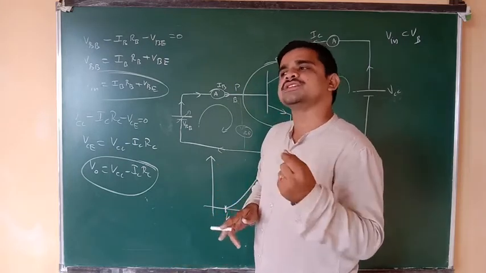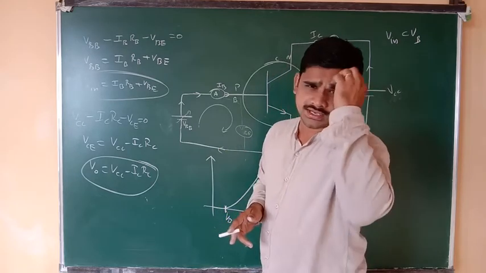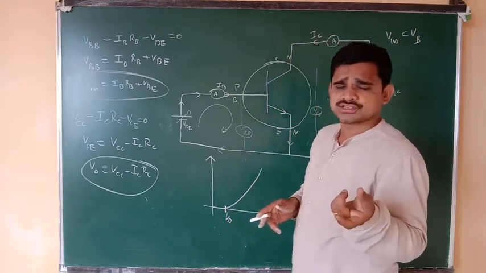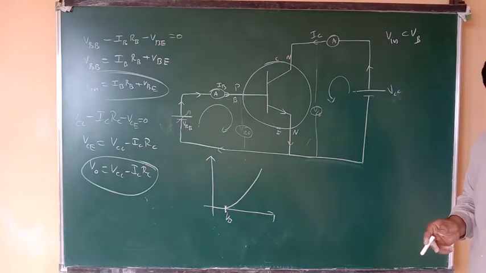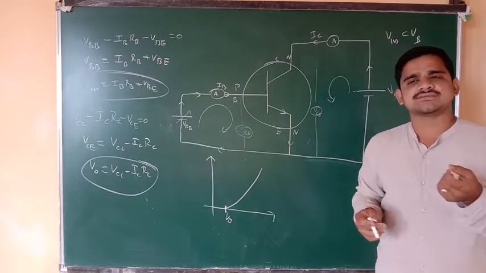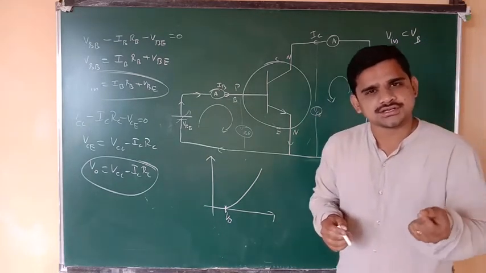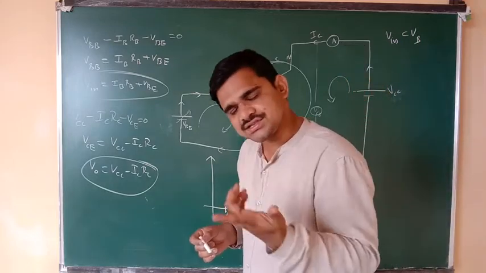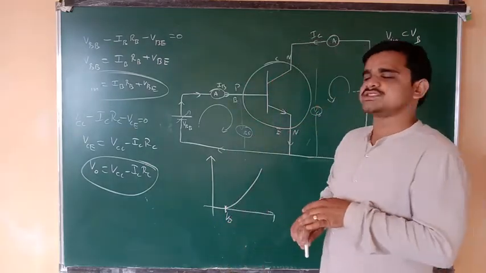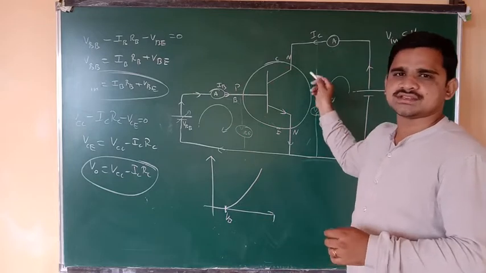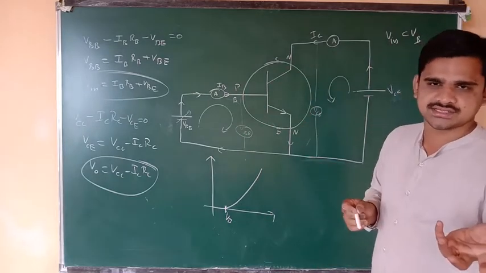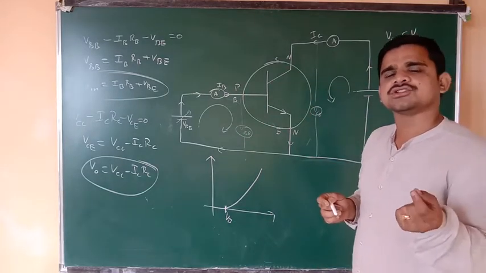For germanium the barrier potential is 0.3 volts, and for silicon it is 0.6. Correct? Let's consider it is a diode basically made of silicon. For silicon, the barrier potential is 0.6.